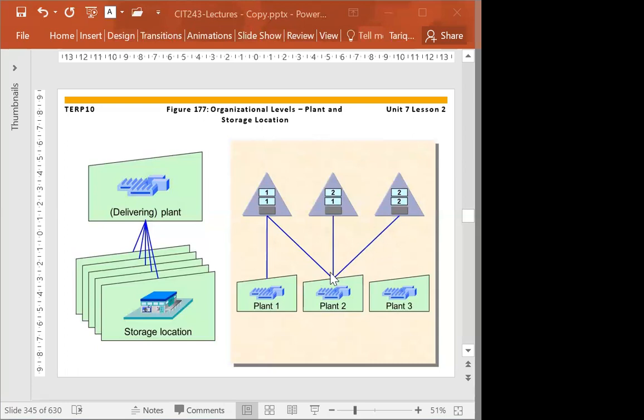So this is like a one-to-many or many-to-one relationship for a plant with the sales organization and distribution channel. This is what I'm talking about, the delivering plant, the plant from where we can sell the items.